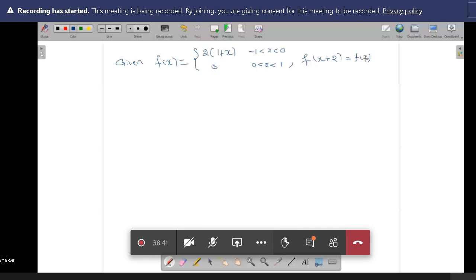So now, for this example, can anyone tell whether it is even or odd, or neither even nor odd? Is it even or odd? Anybody?